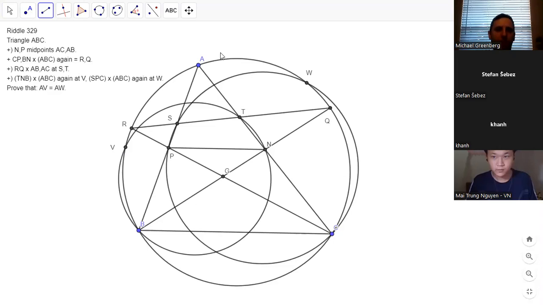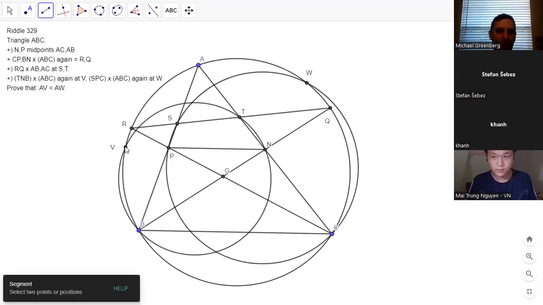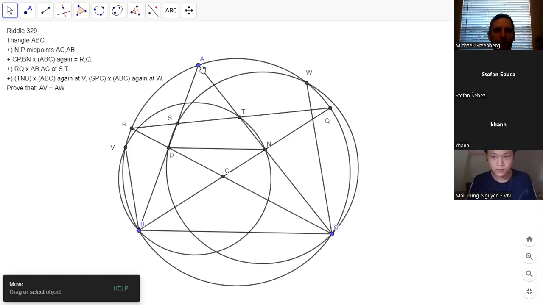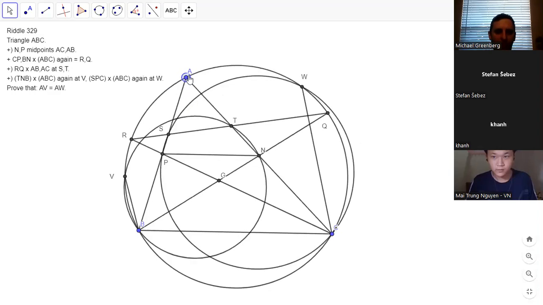So basically we want to show arc AW is arc AV. And that's the same as showing angle VBA is angle WCA. I don't think BV and CW are parallel, but maybe they are.